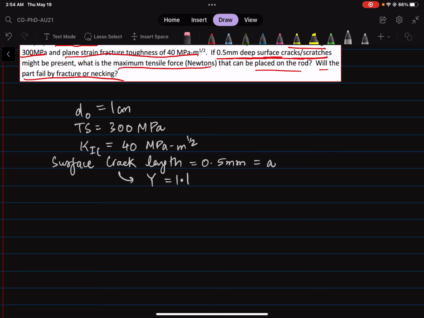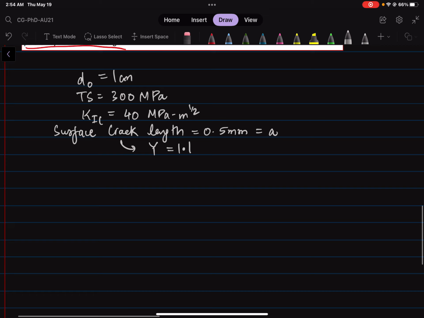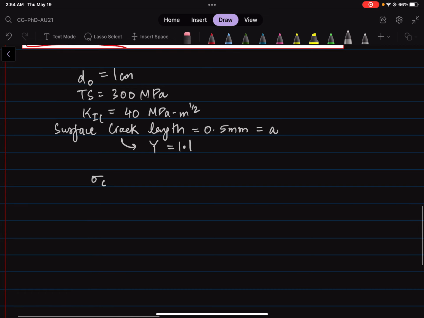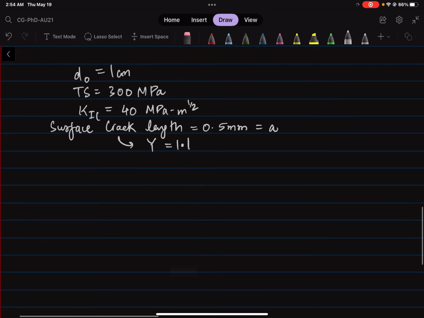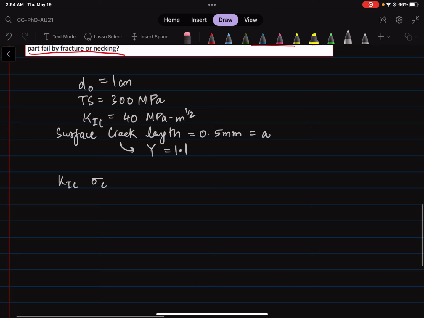We need to calculate the maximum tensile force that can be put on this rod. So to calculate the force, let's calculate the stress it can sustain. So we know that the critical stress is in the formula of K1C. So the K1C is given as Y times critical stress times square root of pi a.